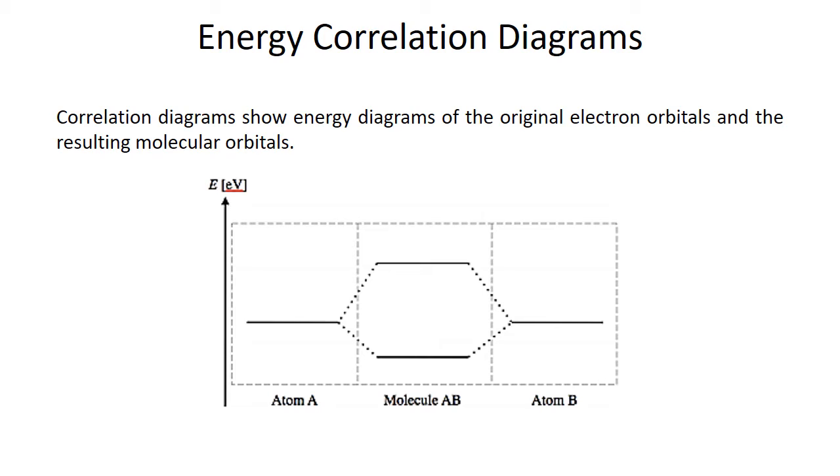By including the individual atoms and the molecules on the same diagram, the change in the energy of orbitals can be compared. Like here, atom A and B seem to have the same energy, but actually it is not always true. As per the rule, they should have comparable energy. If there are very large energy gaps between atom A and atom B, then the reaction may not be feasible.